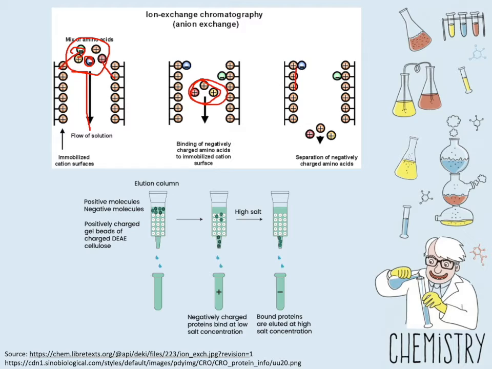Here, as you can see, this is the stationary phase. There is a particular charge here and it is positive. That attracts the sample molecules. So the sample molecules are the mixture of amino acids, and the negatively charged amino acids are being attracted to the stationary phase.